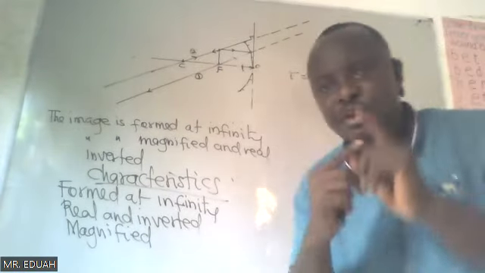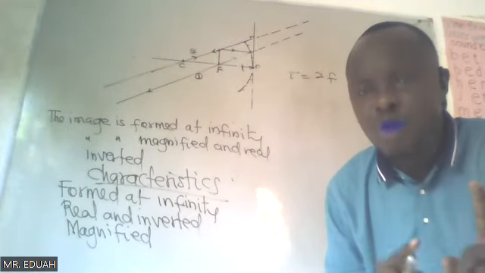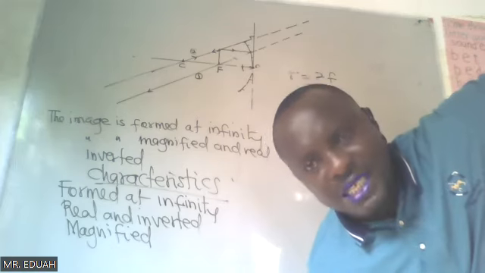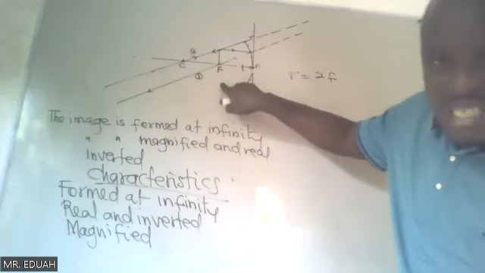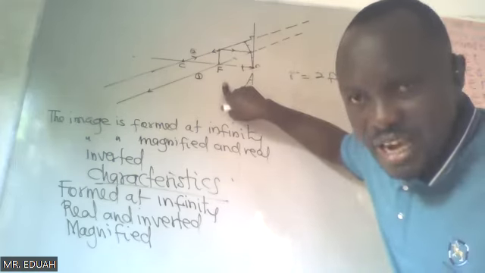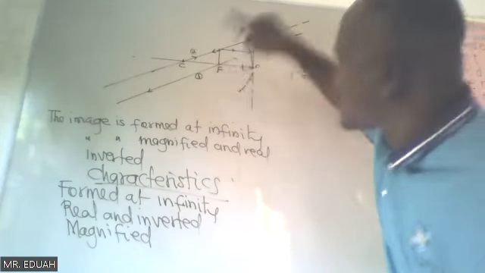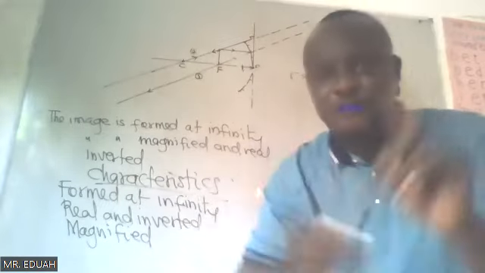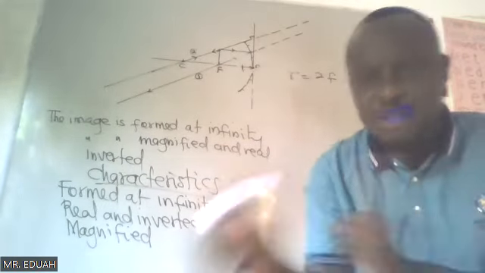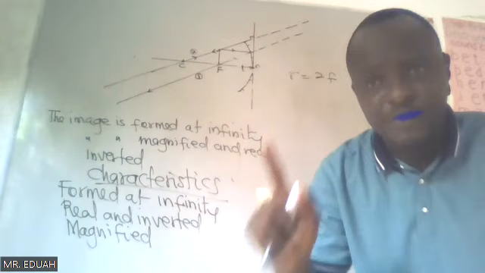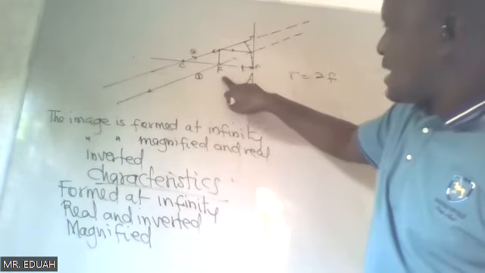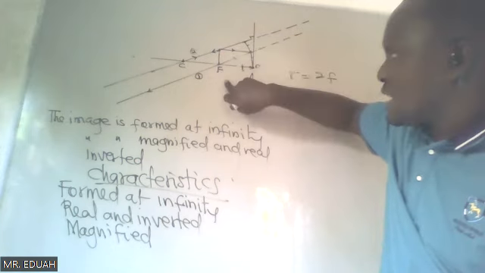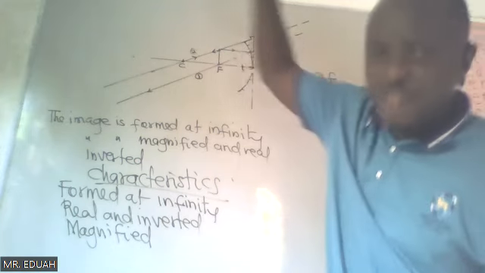And it is reversible. So when the object is at infinity, the image is formed at F, and when the object is placed at F, the image will be at infinity. So it follows the reversibility principle of light: when you place the object at F, the principal focus, the image will be formed at infinity.